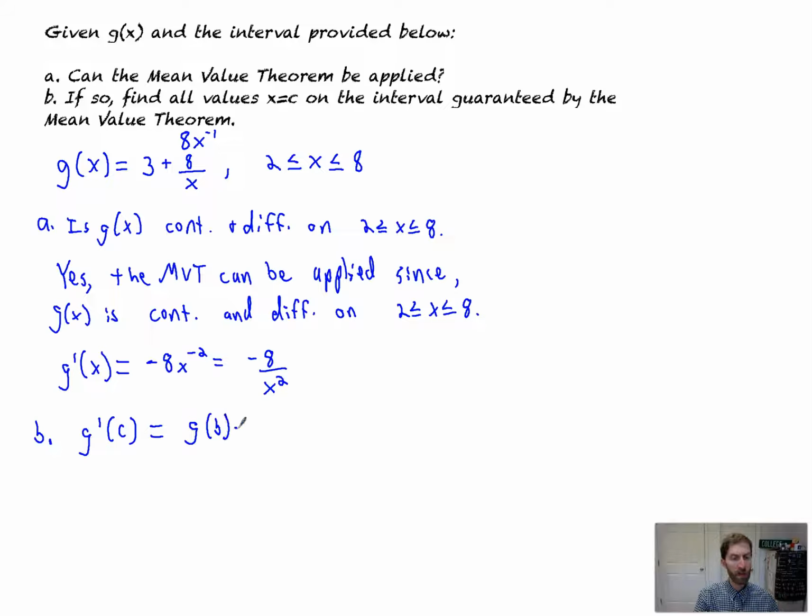So that'd be g of b minus g of a, all over b minus a. Essentially, the slope over this interval is equal to the slope at some point. So now we just fill in the pieces here.